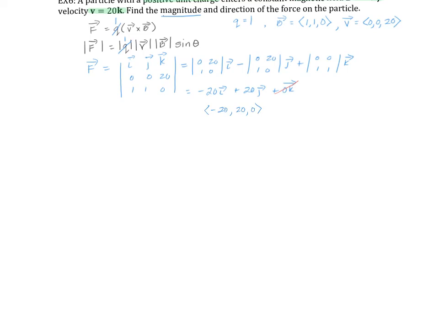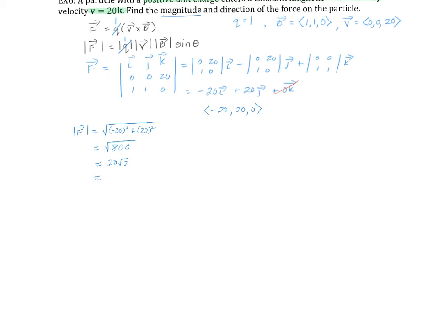To compute its magnitude, because that's what I need, the magnitude of the force, it would be the square root of negative 20 squared, so 400, plus positive 20 squared, and then the 0, square root of 800. If I wasn't putting this in a calculator, that would be 400 times 2, so 20 square root of 2.